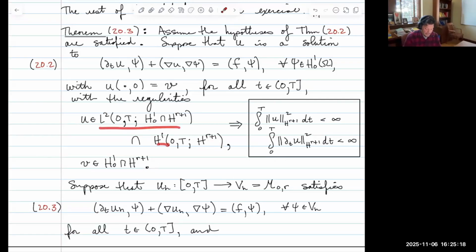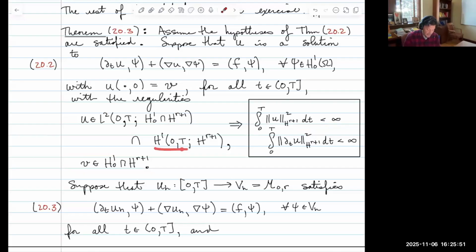Furthermore, these two regularities say the following two integrals, which are essentially the norms, are going to be finite. The integral from 0 to T of the HR+1 norm of U squared dt is less than infinity. So that says that this norm, actually this is a norm squared, is less than infinity. L2 is what gives us this power, and this norm is shown here.